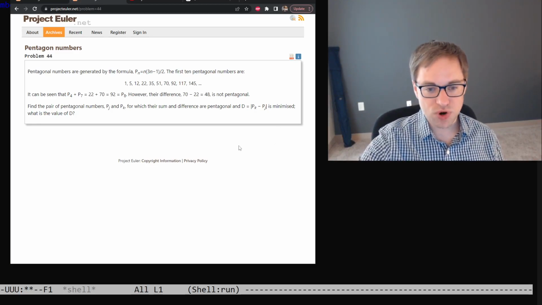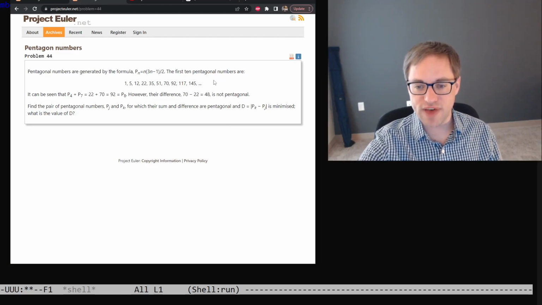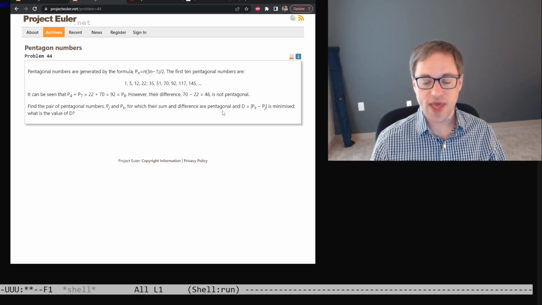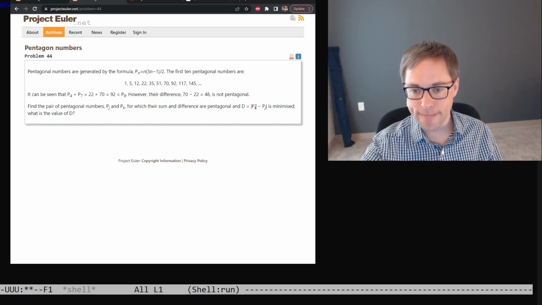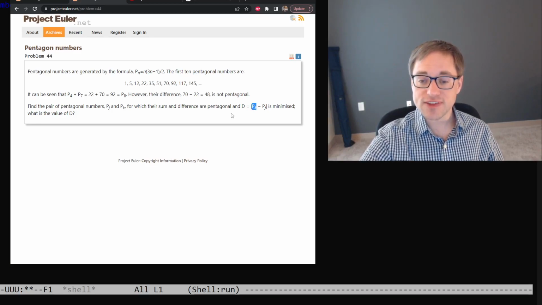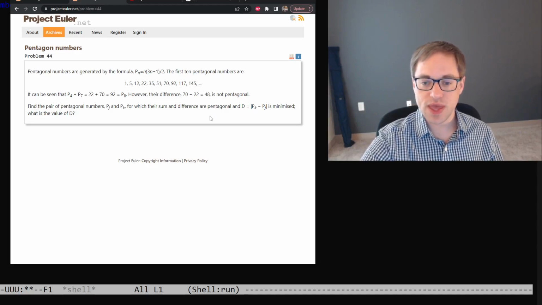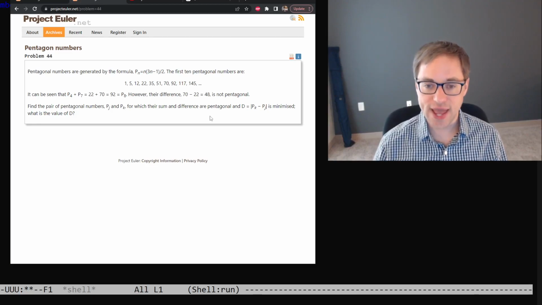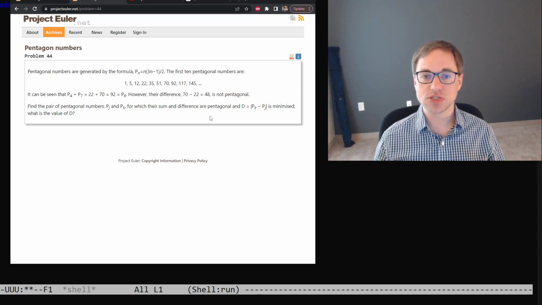So, the approach that we're going to take to this problem is going to be to iterate over possible values of d and p sub j, pentagonal numbers that is, and for each pair we're going to add them to get p sub k and check that that value is pentagonal. If it is, we'll then add p sub j and p sub k to get their sum and check that that is pentagonal. And if all four values are pentagonal, we have our solution.